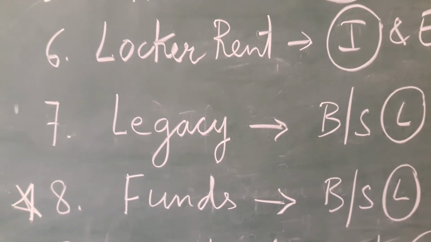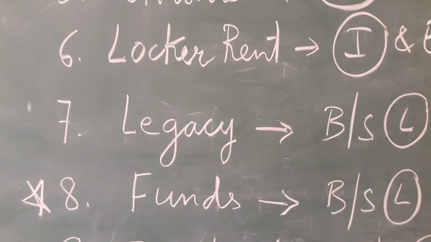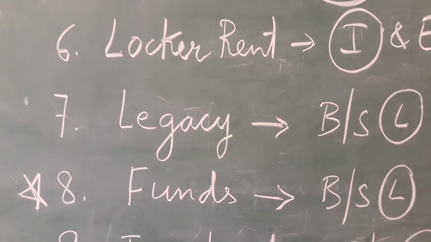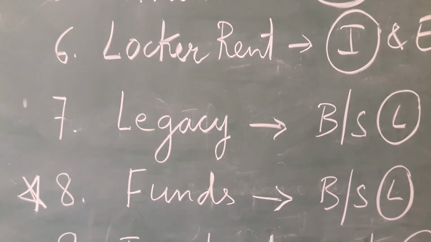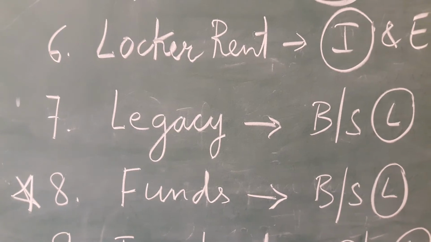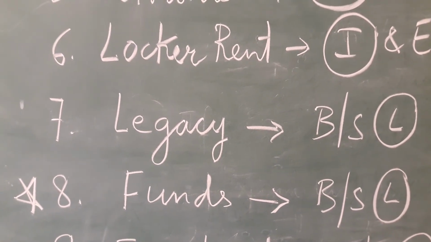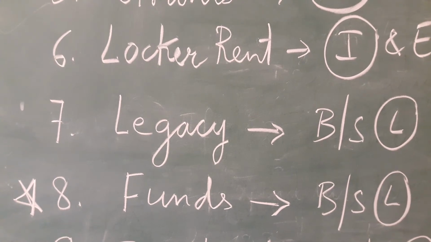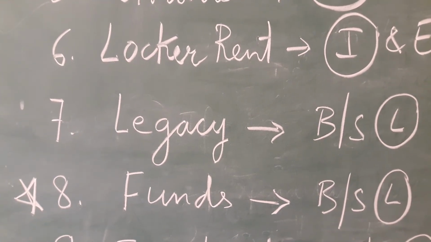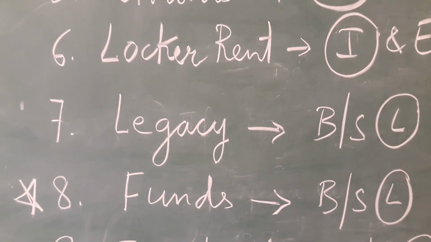Next, funds. Now fund is a big word in NPO, and I put a star to tell you that I'll be talking about funds at length in my subsequent videos. So right now only this much, that if the word fund is there, tournament fund, drama fund, sports fund, any kind of fund will not go in the income and expenditure account.